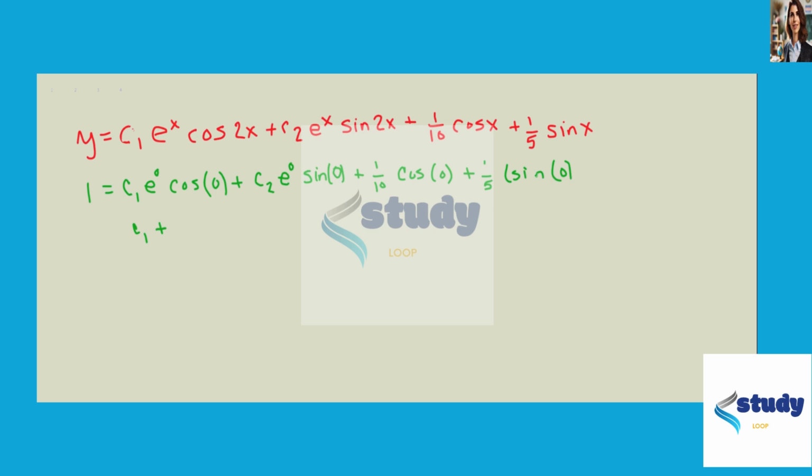Sine of 0 is 0, so I don't have a C2 term. 1/10 cosine of 0 is 1/10, and 1/5 times sine of 0 becomes 0. So I subtract 1/10 from 1, and I get 9/10 equals C1.